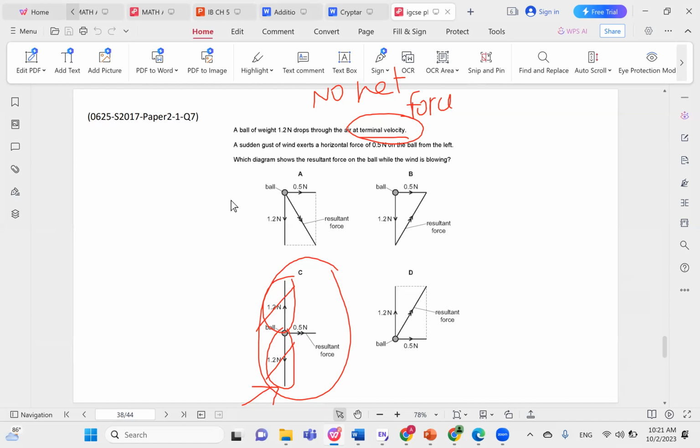So if we remove 0.5 here, could I have been moving at terminal velocity? No, because I have a net force. Same for B, same for D. So the only correct choice here is choice C, because it is the only one that gives you zero net force other than the 0.5 newtons that was introduced by the gust of wind.